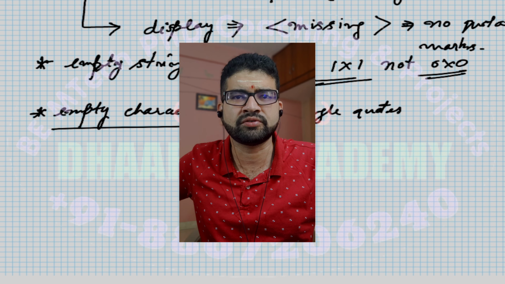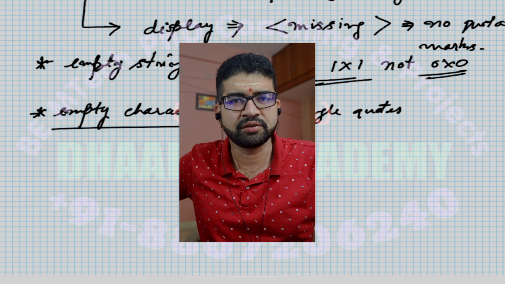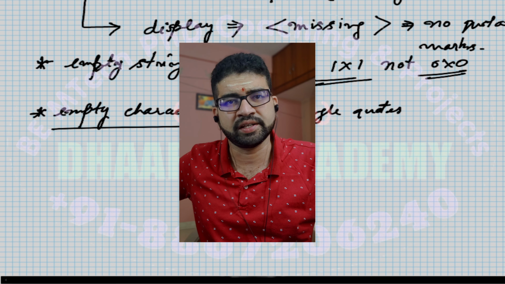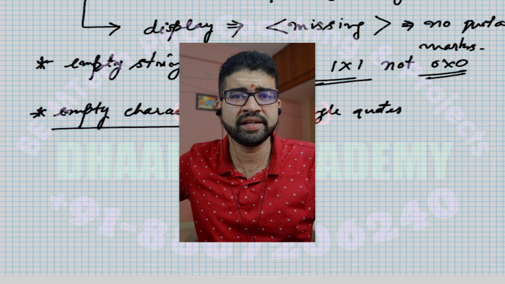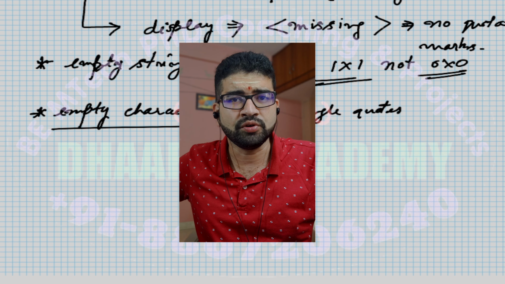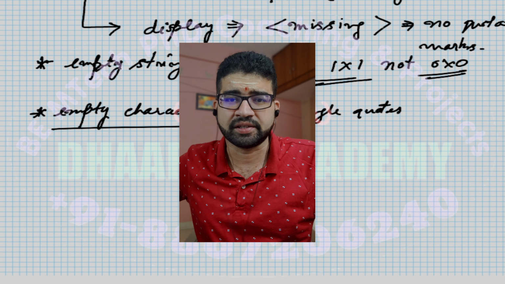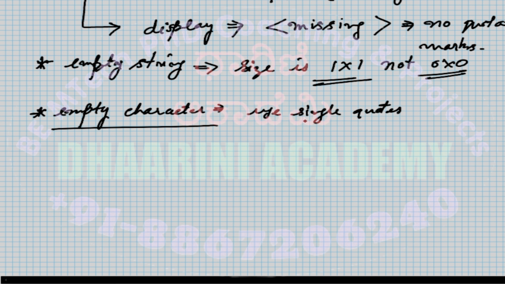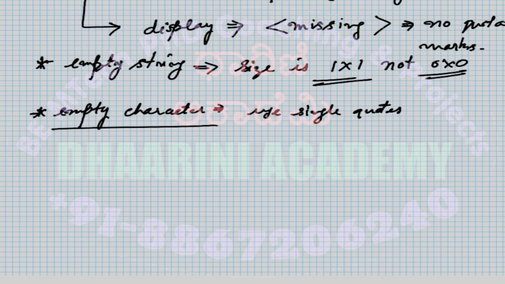Double quotes are meant for strings and single quotes are meant for characters. So when I use single quotes, it understands that it is a character. But if you don't enter any character between the two single quotes, it expects that it is an empty character. So I use two single quotes to create that. Let us directly go back to MATLAB and check this feature now.